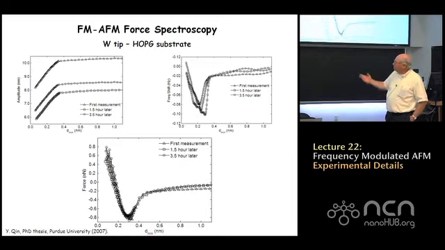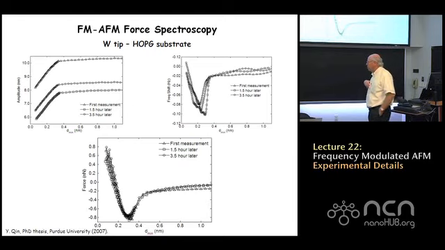I think it's reasonably clear that the data is reproducible. It scales properly with different amplitudes. You can take data a few hours apart, and the tip-sample interaction force is pretty reproducible during the course of an experimental run.